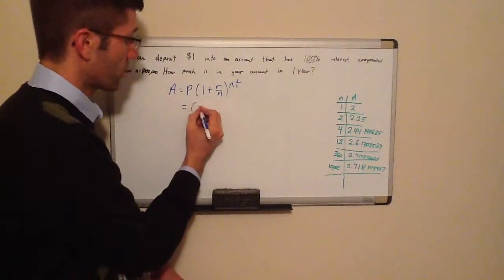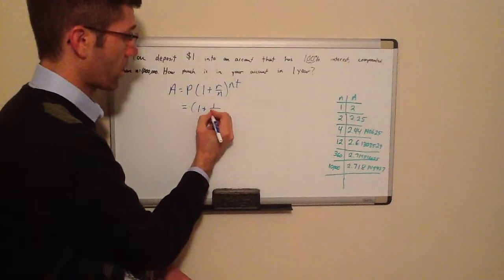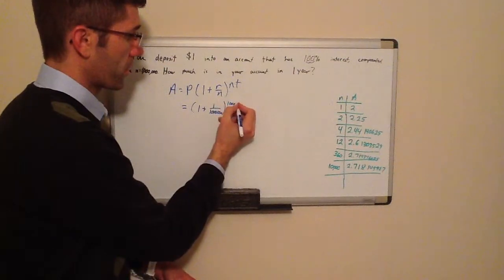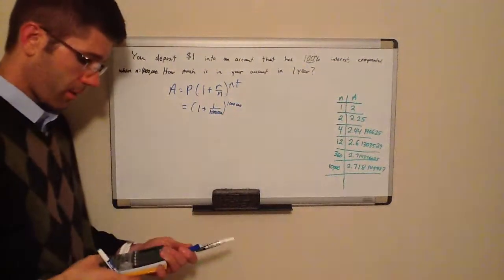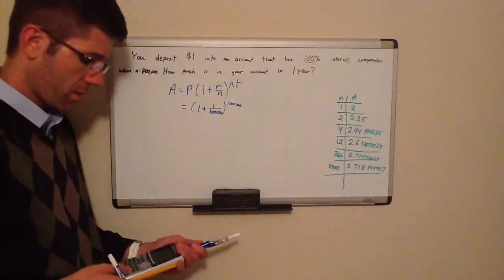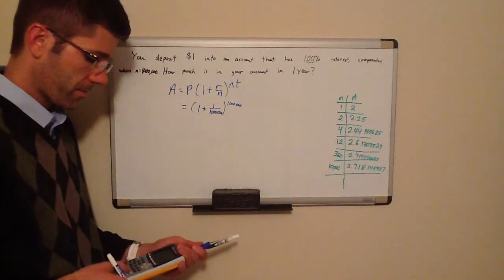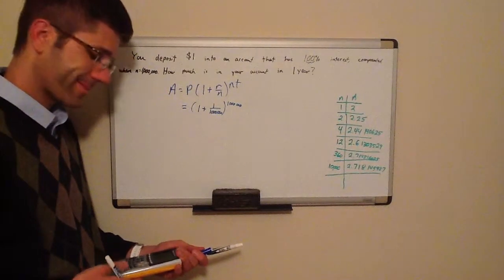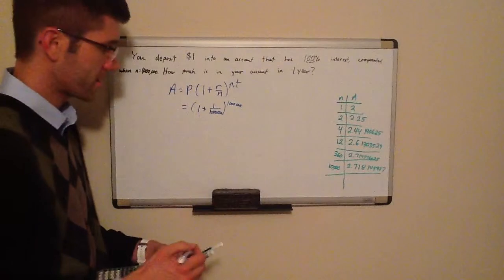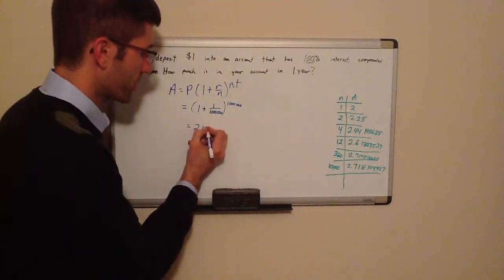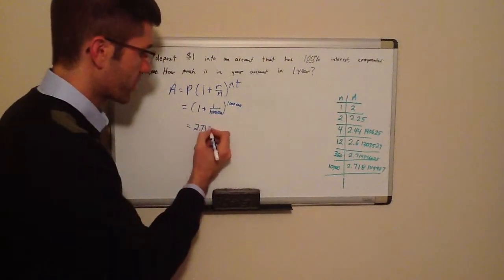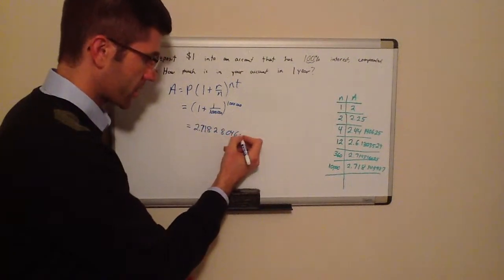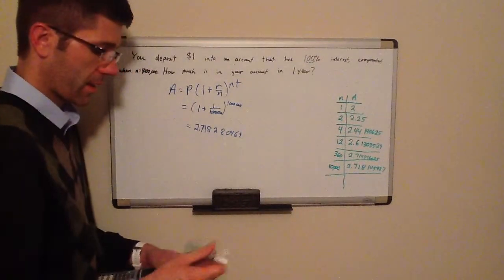So it's 1 plus 1 over 1 million, to the 1 million. Alright, here we go. Alright, we're good. To 5 decimal places, we get 2.718280469.